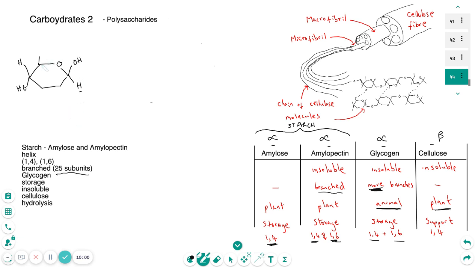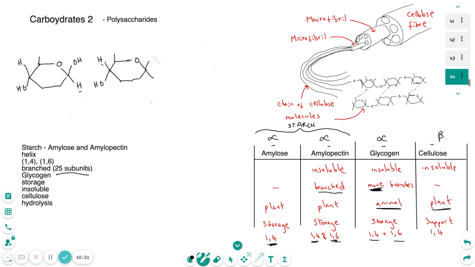So when we put two beta glucose together, I'll draw another one now. You'll see that the two hydroxyl groups, they're not lining up. They're too far away from each other, and therefore they're not going to be able to react with each other.